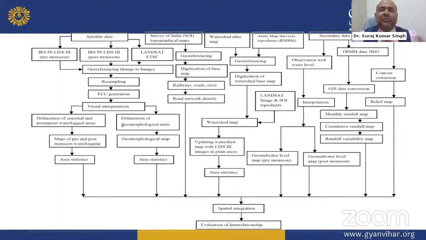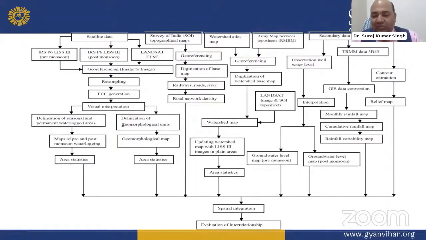And because we have taken a lot of data sets ranging from soil data from the National Bureau of Soil Survey and Land Use Planning, temperature data, precipitation data, and data from the Central Groundwater Board, whether it is related to water quality parameters. So you can see that multiple layers can be brought together into a single dimension, and the only solution today that can be provided is geospatial technology.